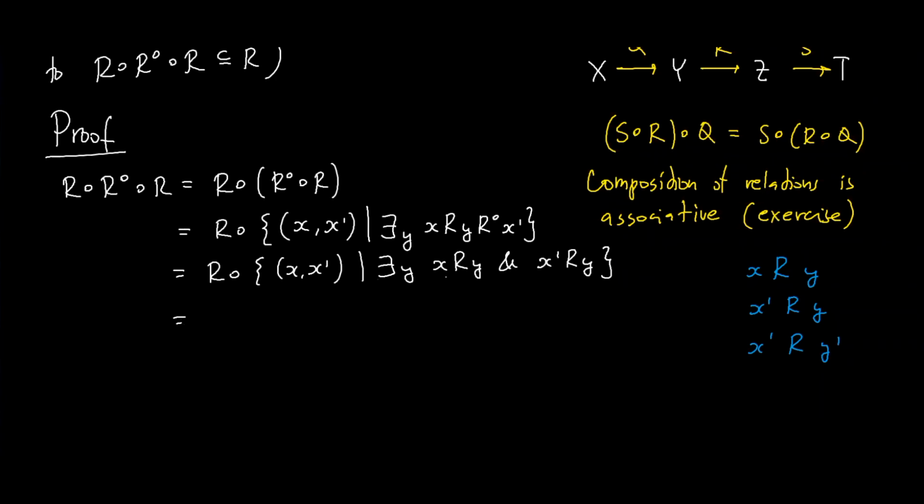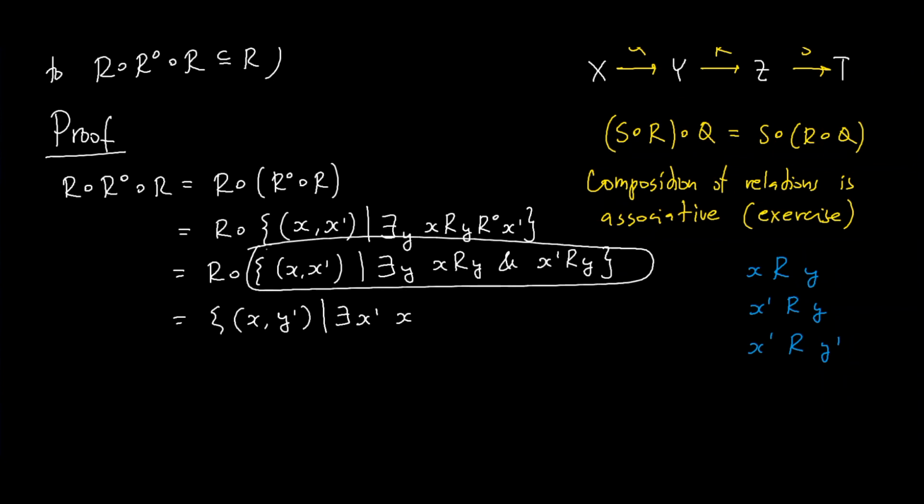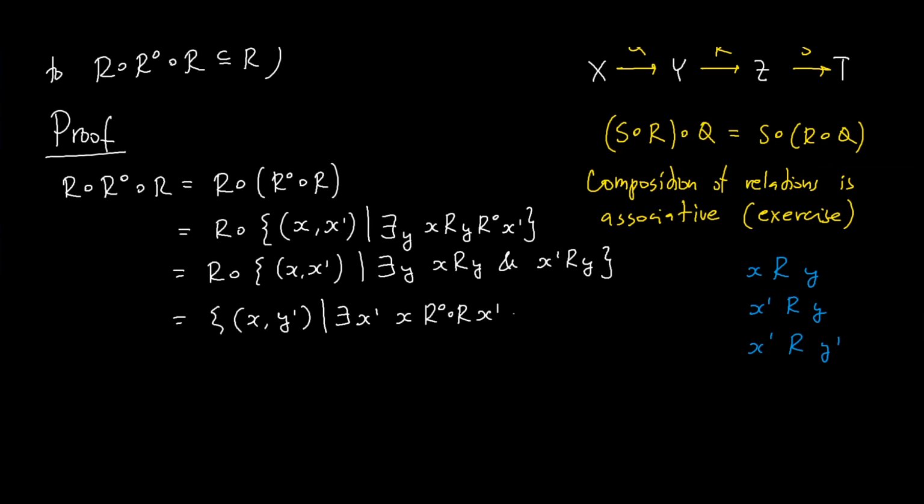So composing with R, it will be pairs X, Y prime such that there exists an X prime such that X is related to X prime through R composed with R op, and that X prime is R related to Y prime.